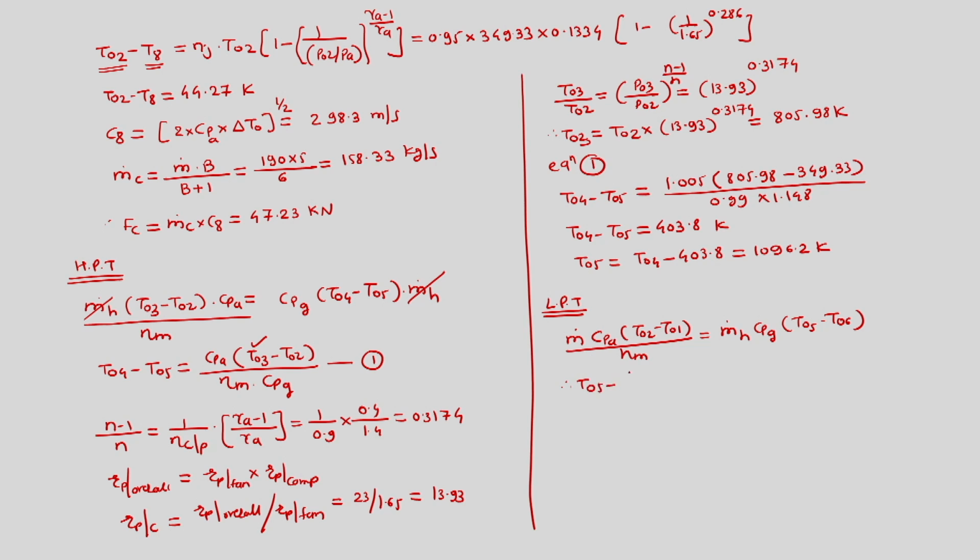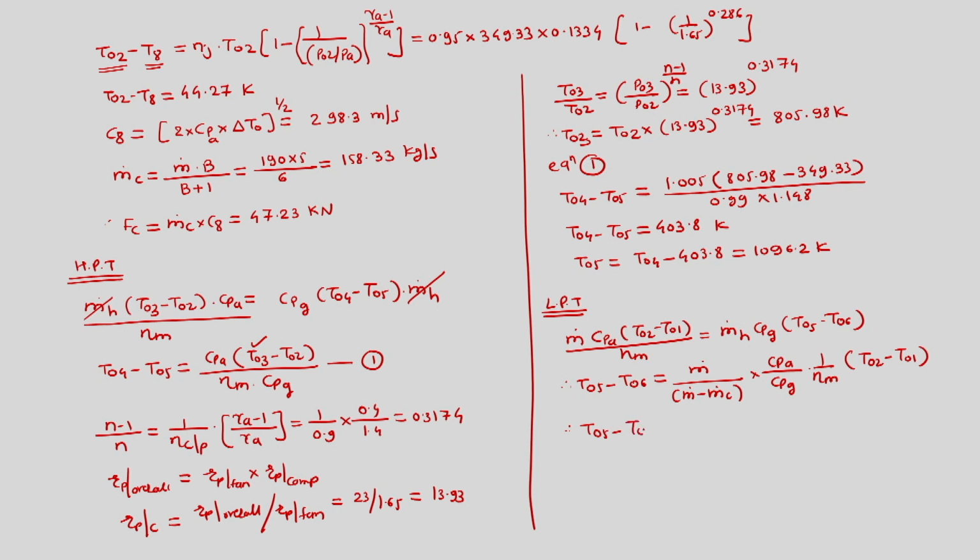So T05 minus T06 is equal to m dot divided by m dot h, but m dot h can be written as m dot minus m dot c, into Cp of air divided by Cp of gas into 1 upon mechanical efficiency into T02 minus T01.